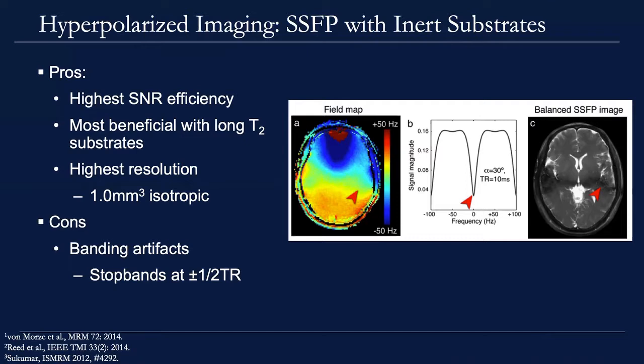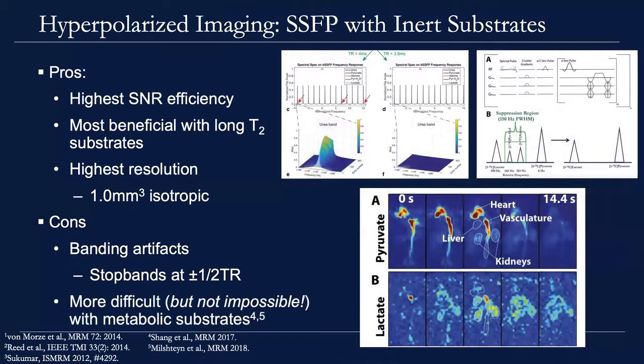And if you wanted to do an approach like this where you had, let's say, multiple frequencies, how would you do it? So there are a couple ways. It is more difficult to do a multi-frequency approach with SSFP. There are a couple things you can do.